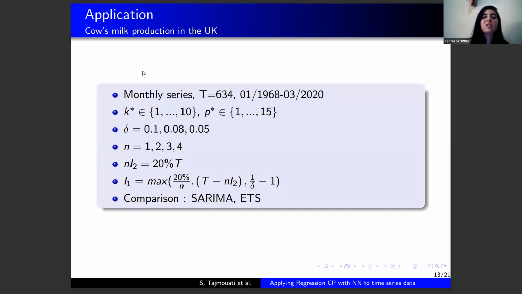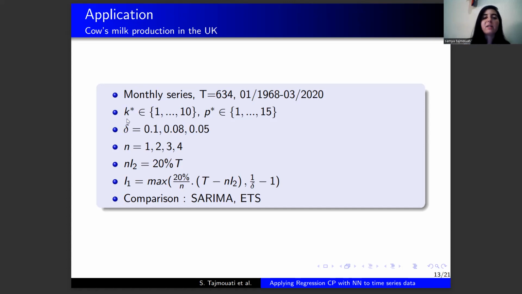So as an application in this presentation, I will consider the cow milk production in the United Kingdom. It is a monthly time series that contains 634 observations from January 1968 to March 2020. We will divide our time series into two sets, a training set and a validation set.